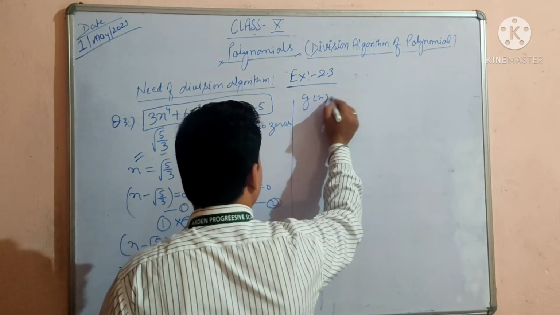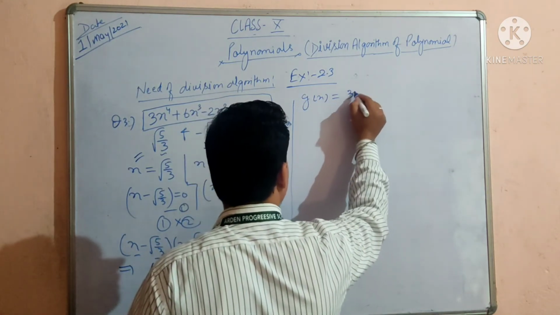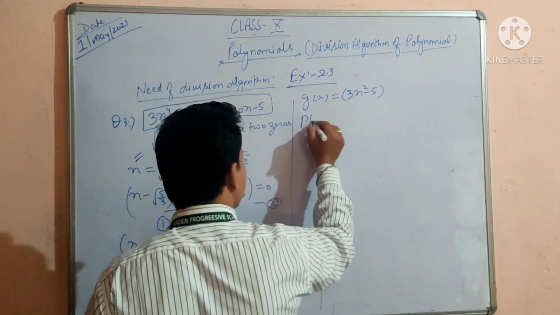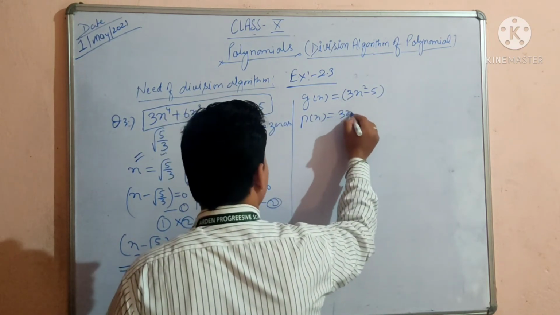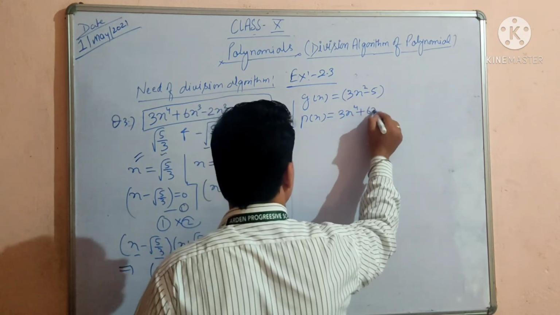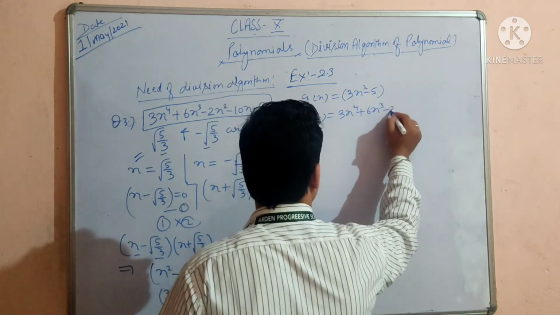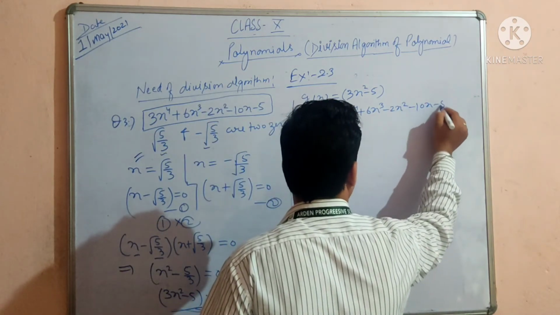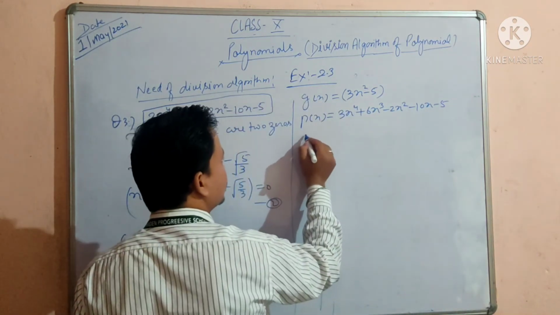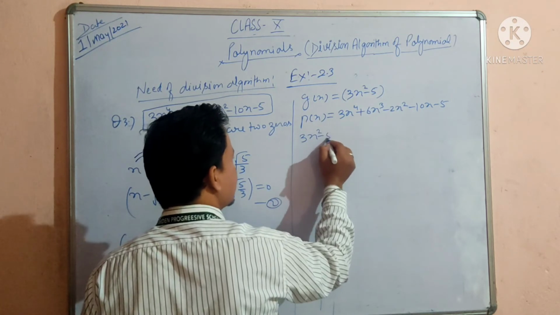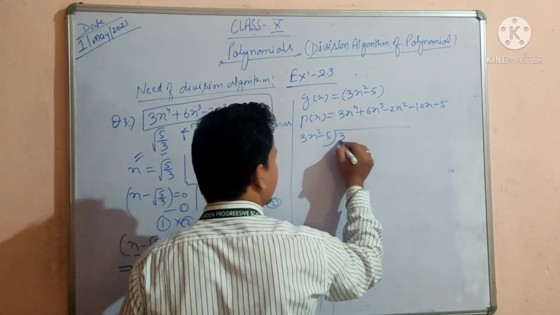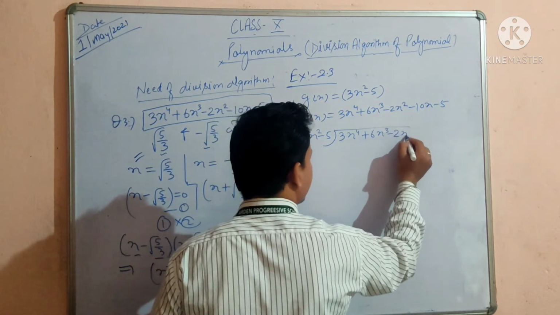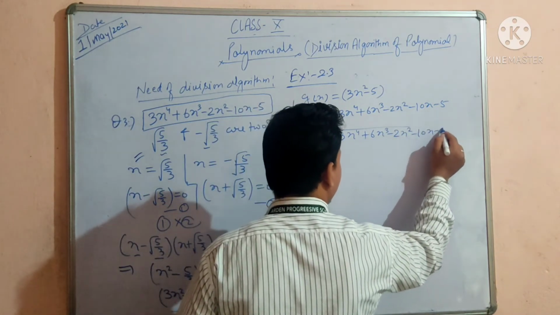So gx we already found, which is 3x square minus 5, and px is 3x to the power 4 plus 6x cube minus 2x square minus 10x minus 5. Now we have to divide it. So 3x square minus 5, and here 3x power 4 plus 6x cube minus 2x square minus 10x minus 5.